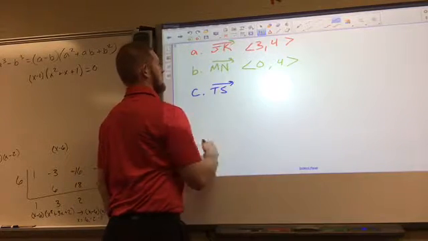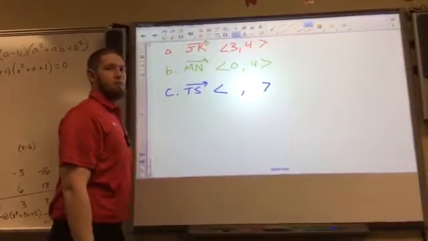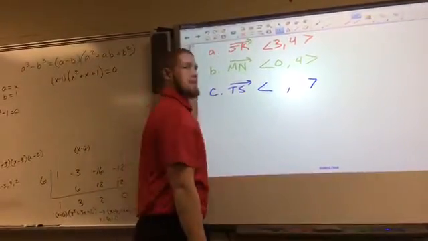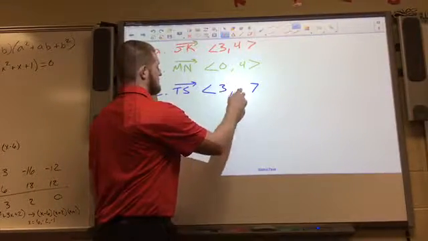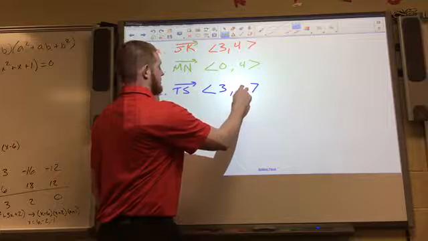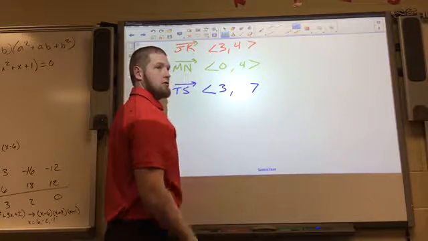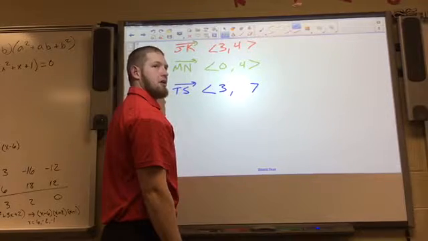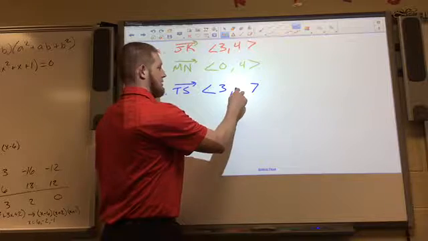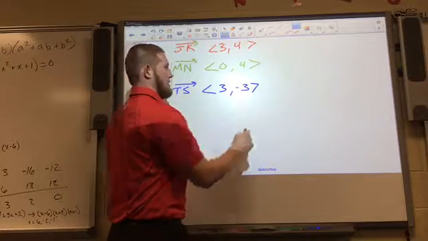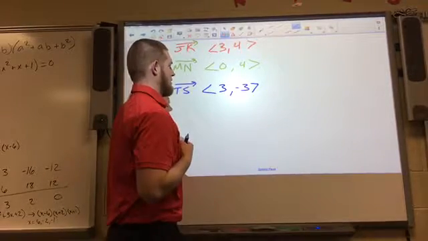TS. Go ahead and give me the vector notation for that, please. Careful. Does that go up or down? Down, so that should be a negative 3, right?